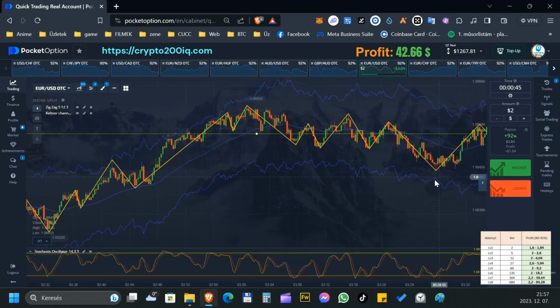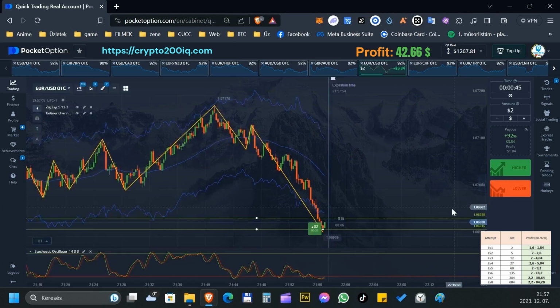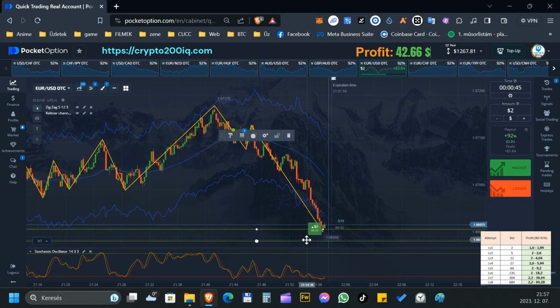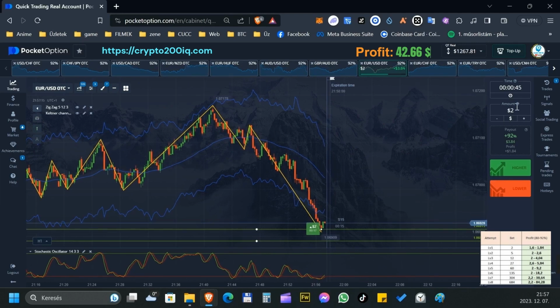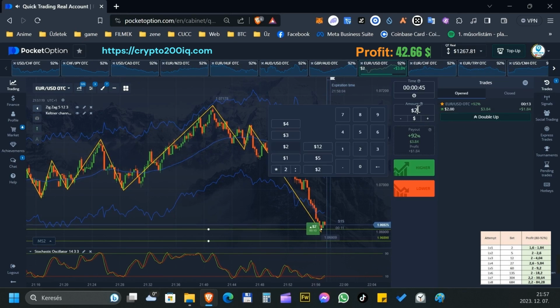It's noticeable that there are big movements, but there are breaks in the movements. So, we're preparing for the next move.